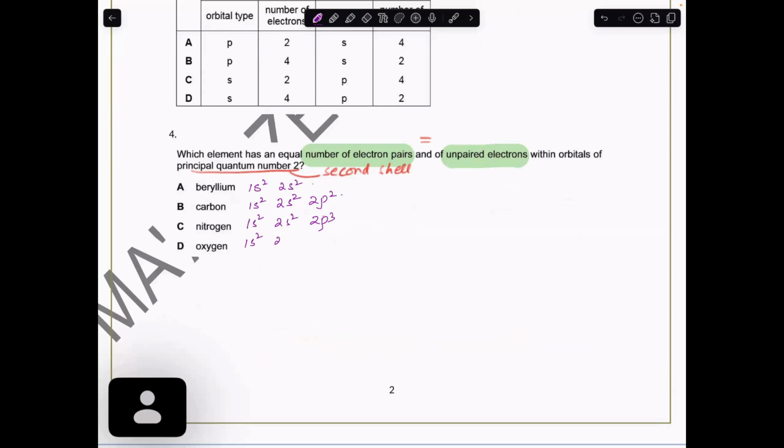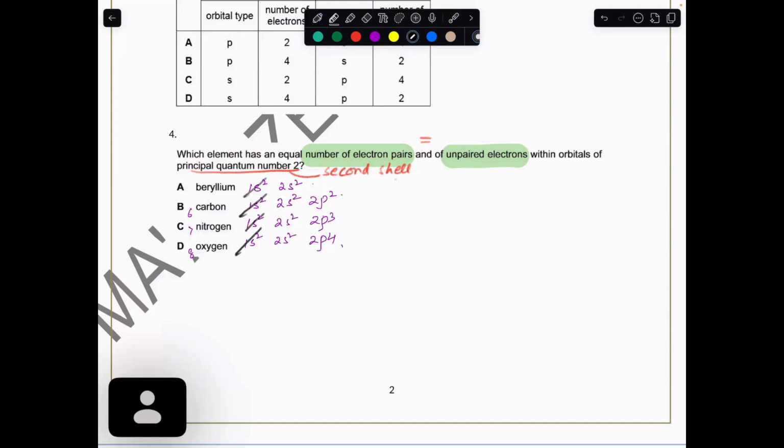Oxygen, 8: 1s2, 2s2, 2p4. Now your question is: which element has an equal number of electron pairs and unpaired electrons in the principal quantum number 2, the second shell? So the question is not about the first shell, so I'm going to cut it down. The question is not linked to the second shell's inner part.